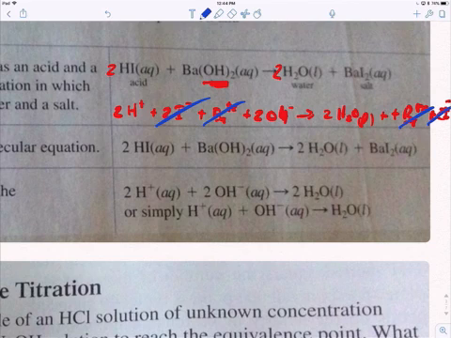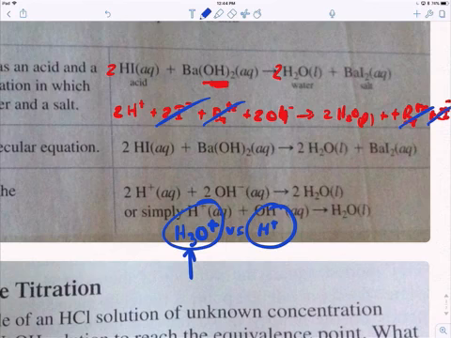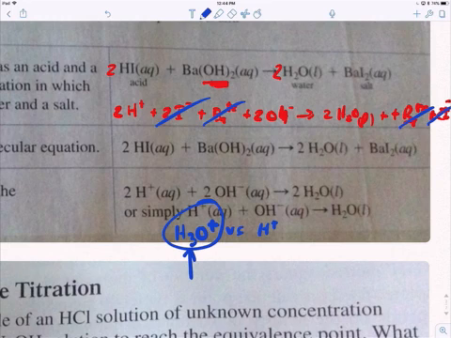And you might also notice that I mentioned before that we have H3O plus versus H plus. The better way to do it is to use H3O plus. H plus is a proton, and computer simulations suggest that there's H3O plus. There's not really any free H plus in solution. But that's a computer simulation, that's not real data.